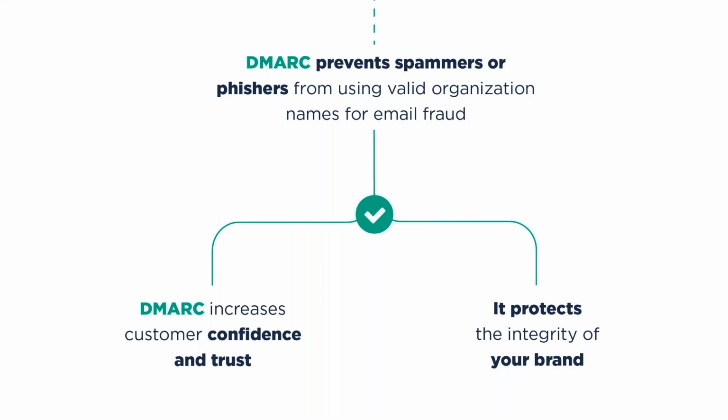People aren't going to trust the World Health Organization at that point, and it happened at the worst possible situation, right? That's what you don't want to happen to your organization. You want to protect the integrity of your brand, because when you do that, your business partners, your customers, your clients, your staff will have increased confidence and trust in the emails that you're sending and that they're actually coming from your organization.